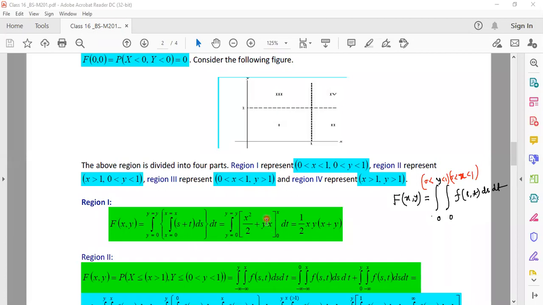This y will not be there, it should be small t. Sorry, in my mind I was playing with y, so this is not y, this is small t. So the expression will be in terms of t, and that will be integrated with respect to t, and then we are going to substitute the limit of t from 0 to y. After the calculation you will get the form of the distribution function as half xy(x plus y), which is happening in this particular region 1.